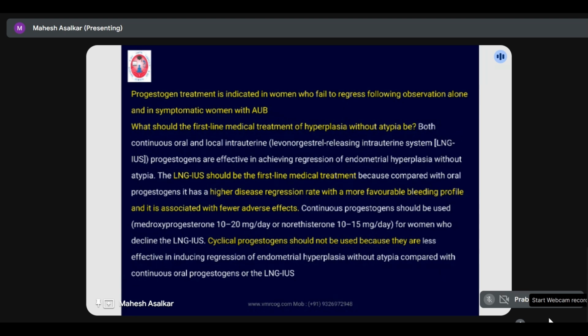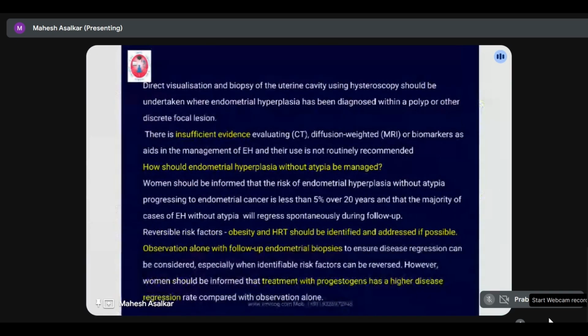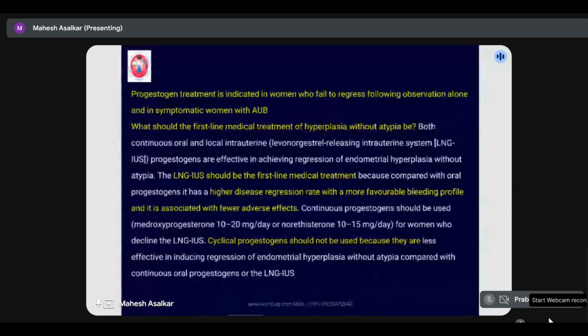So, what we have seen, one is observation as one modality. Second is the progestogens. Okay, and progesterone has a favorable profile and a higher disease regression rate. In the progesterone we have oral progesterone and also the intrauterine LNG system or LNG-IUS. Now these are the two modalities.